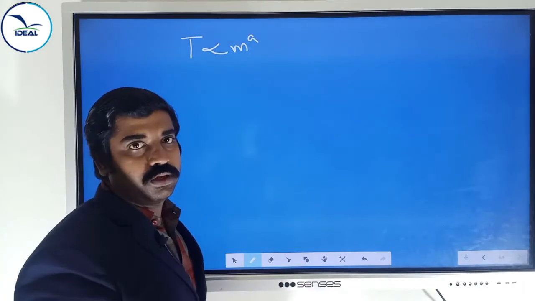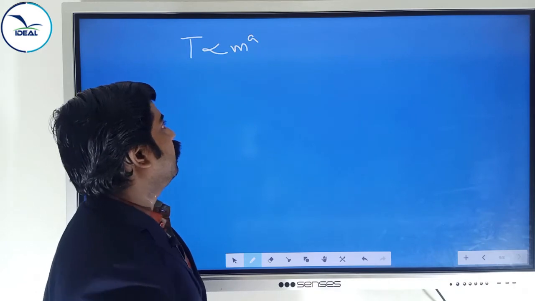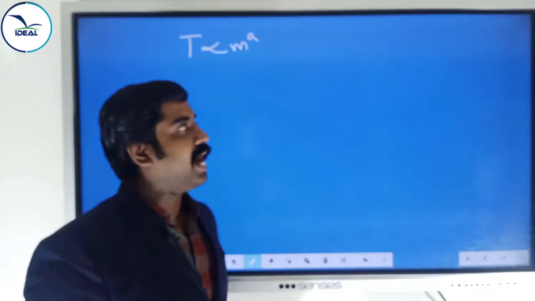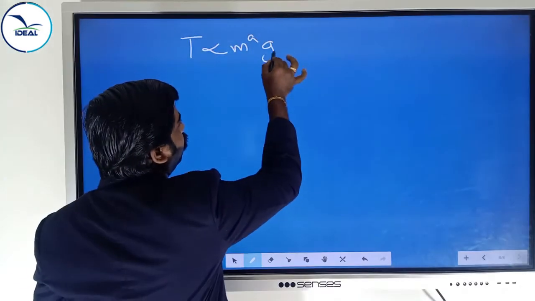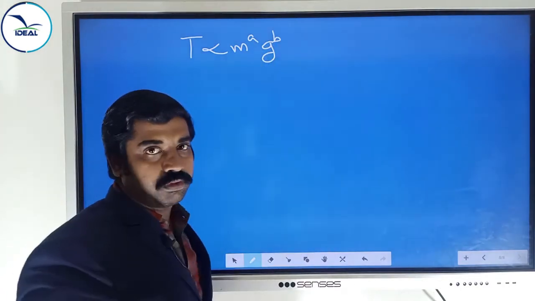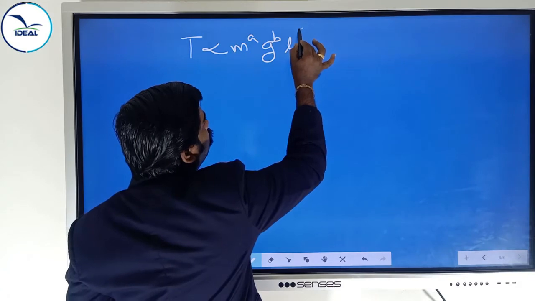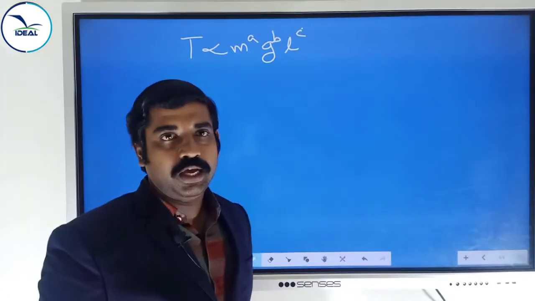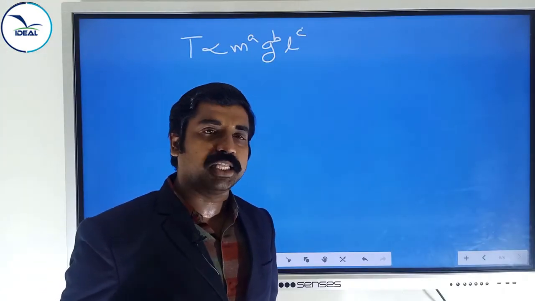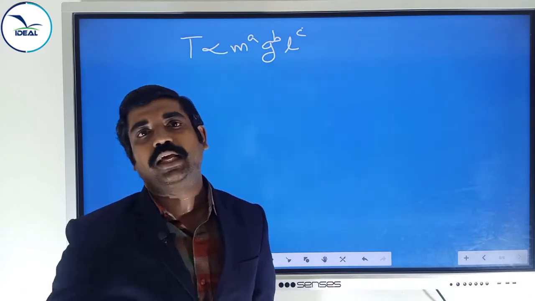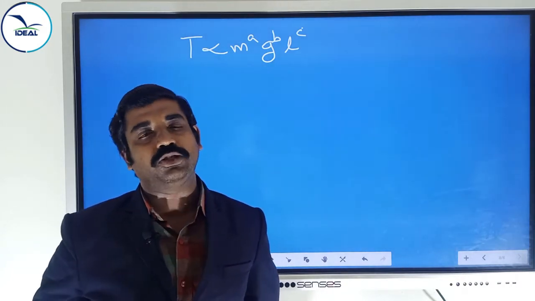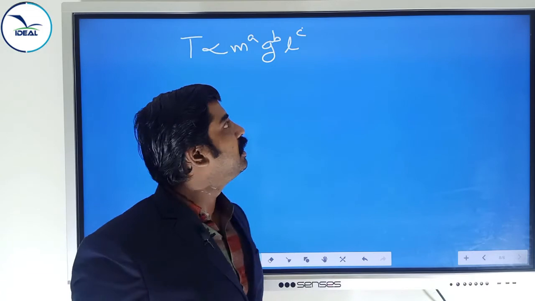One, mass. Okay, mass. Another thing, acceleration due to gravity. And the next one, the length of the pendulum. There are also some other dependents, like angle and so on, but angle has no dimension, so we are not taking that.